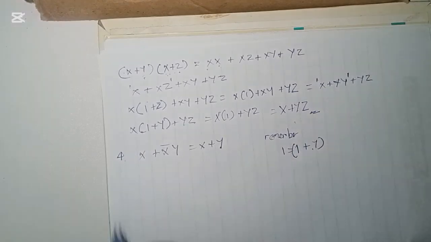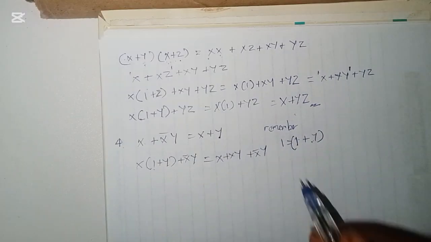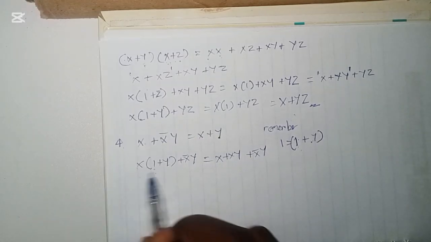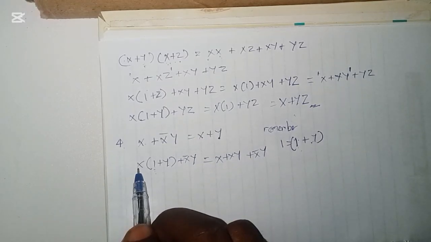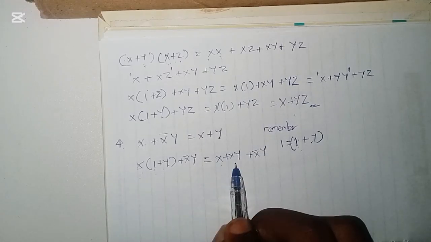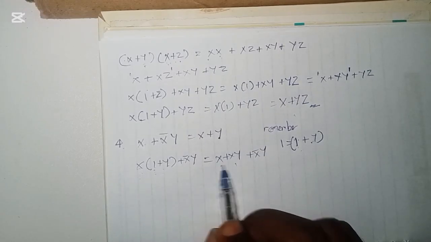We bring our x into 1 plus y into this place, and we multiply: x times 1 will give us x, x times y will give us xy. Then we write it.